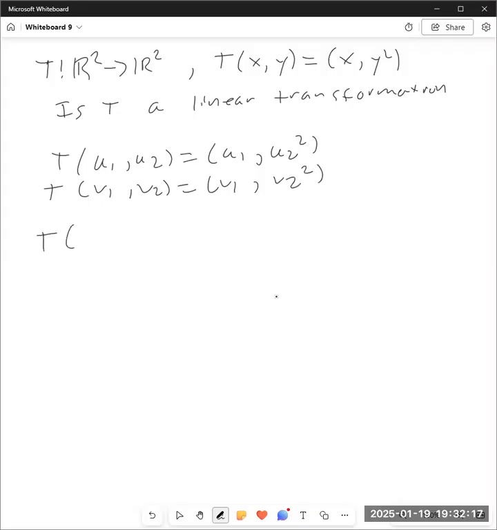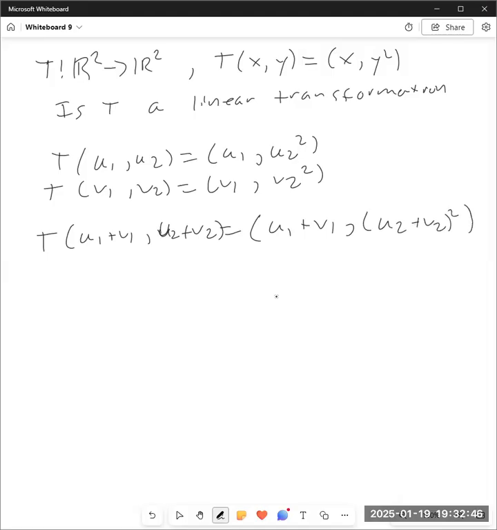T of u1 plus v1, u2 plus v2 will be equal to u1 plus v1, comma, u2 plus v2 quantity squared.